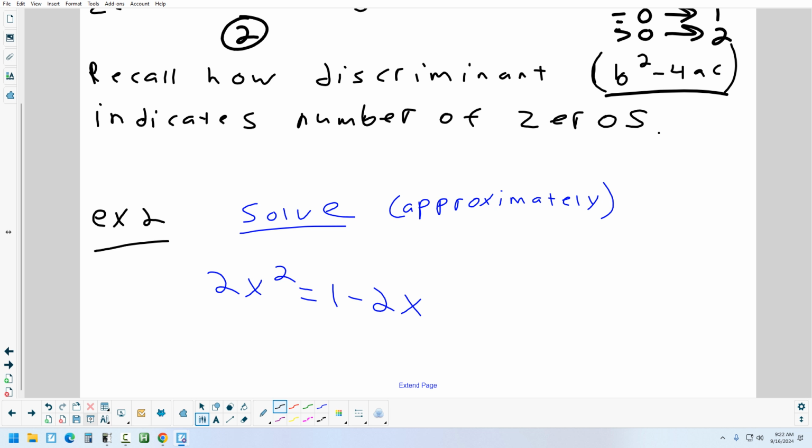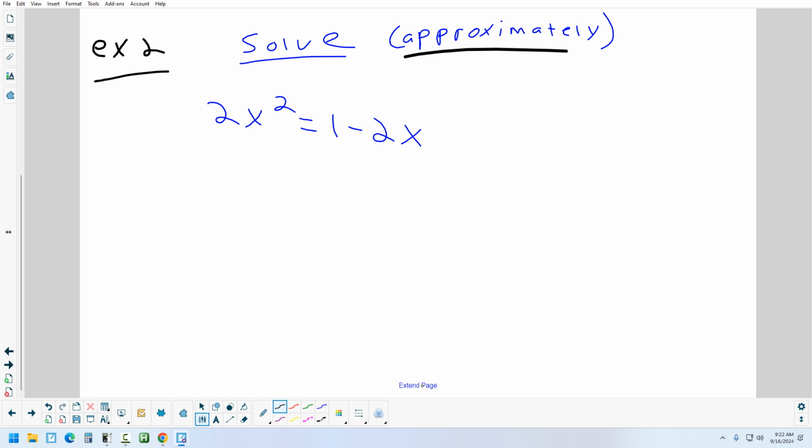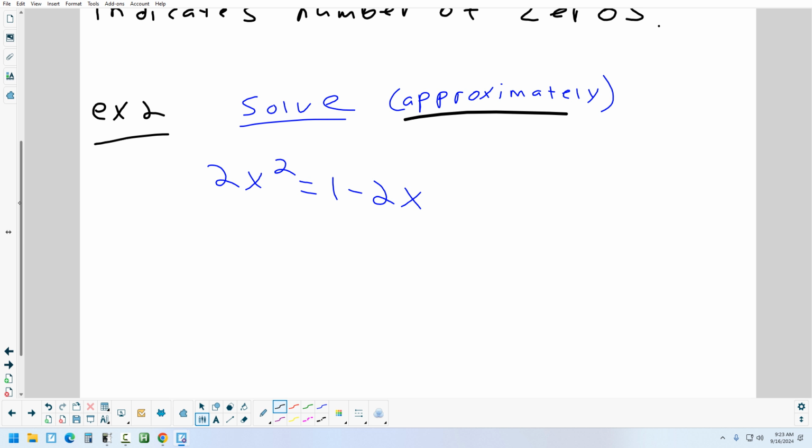Quadratic formula. That will always work. And what's another method that works if the numbers work out nicely? Yeah, you could factor it. But since it does say approximate, probably the answer is not a nice number, which means it's not going to factor. So we would have to use the quadratic formula if they wanted it exact. But let's do it on the calculator.